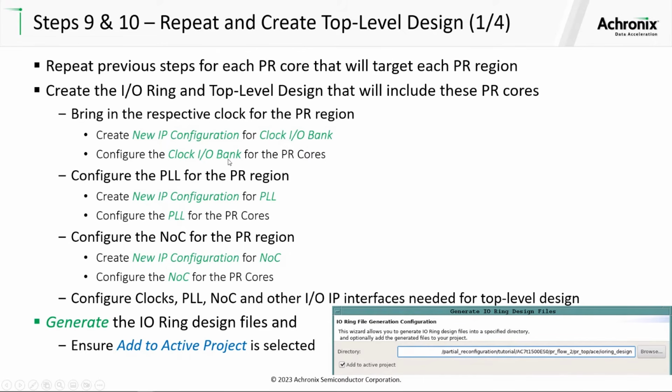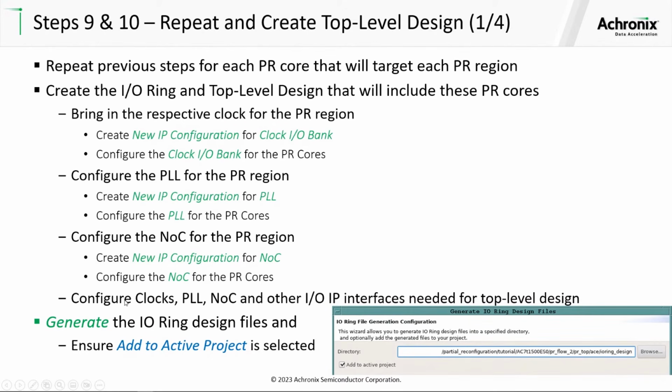We'll configure the clock IO bank for the PR core that we're using. Then we'll configure the PLL for the PR region, again creating a new IP configuration for the PLL, then configure the PLL specs, and then configure the NOC for the PR region. Again, under the IP window, we can click new IP configuration for NOC, and configure the NOC for the PR cores.